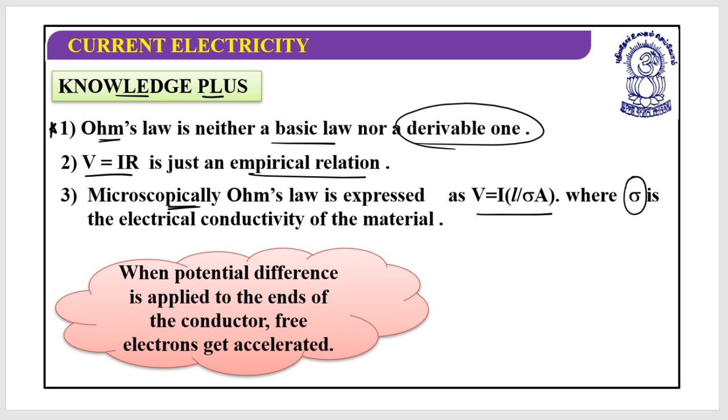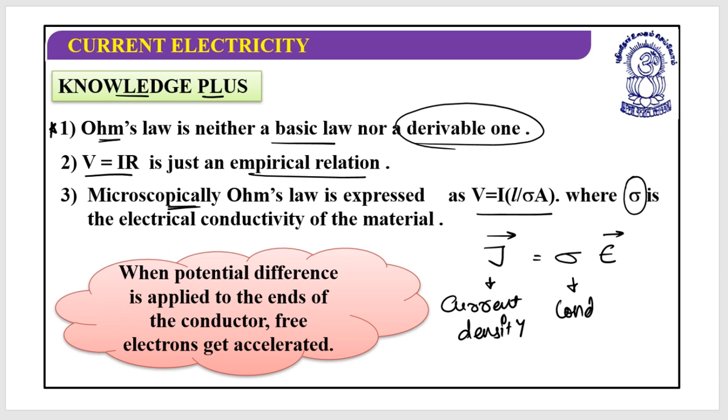You might know that in the previous session we derived J equals sigma into E. This J is the current density, this sigma is the conductivity, and this E is the electric field.